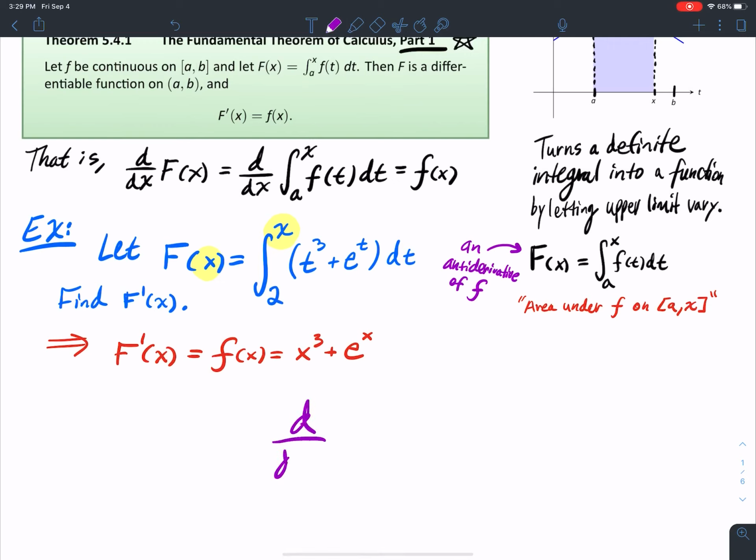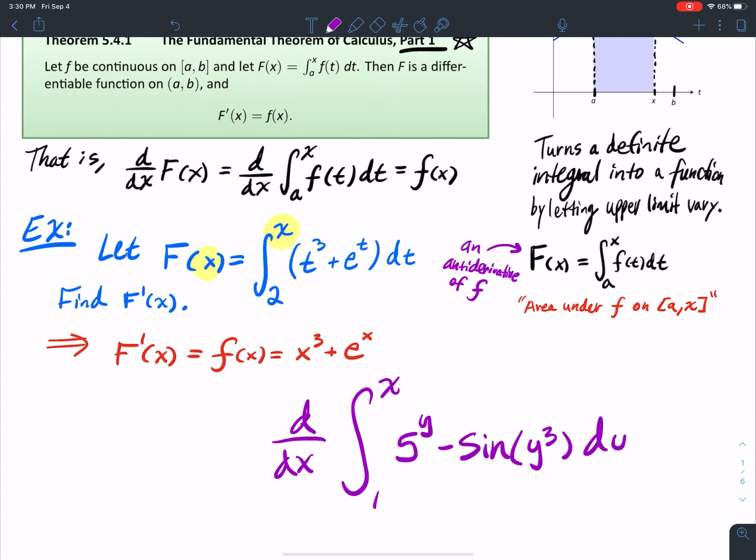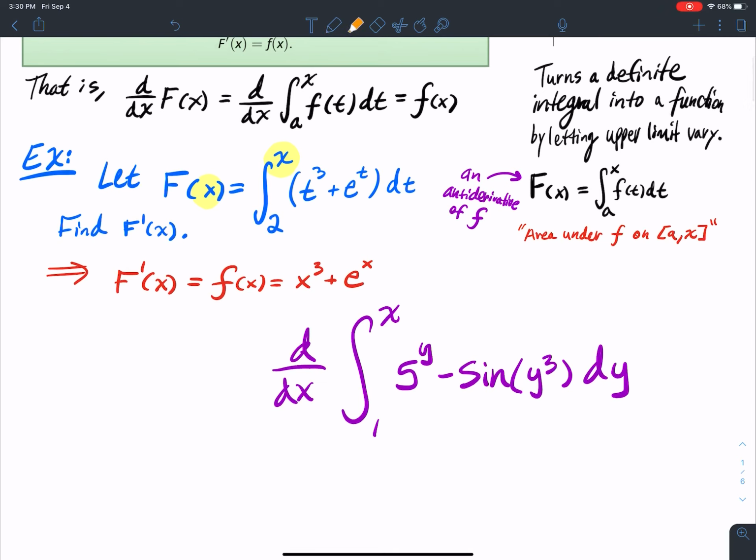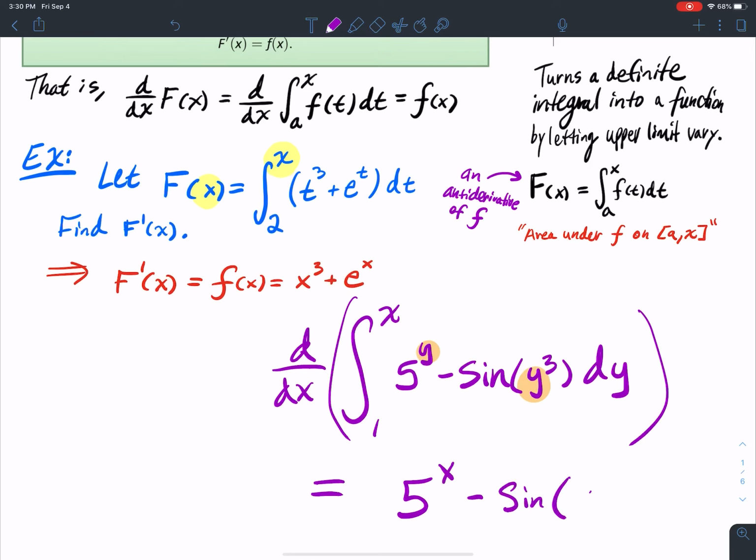If I'm taking the derivative with respect to x of the integral from some number 1 to x of 5 to the y minus sine of y cubed dy, where y is now my dummy variable, everywhere I see a y, I'm going to replace it with x since I'm taking the derivative. So that becomes 5 to the x minus sine of x cubed, and that's it.